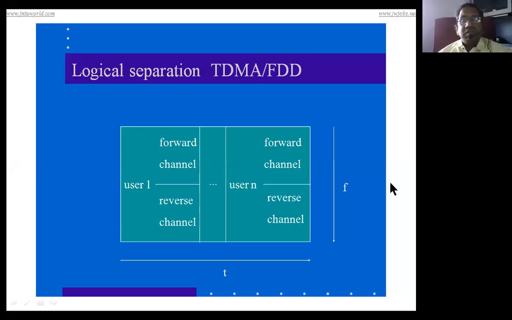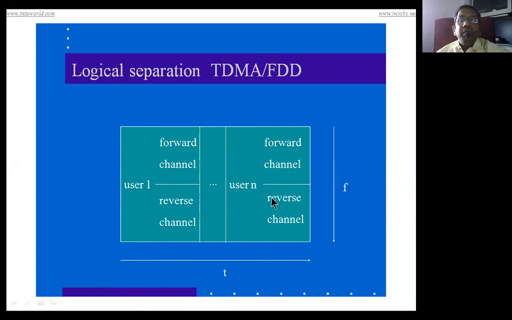Now, when you see this TDMA, FDD, you can observe that TDMA means time division multiple access. Many users are accommodated in a given time slot. And FDD means all these users are given the same frequency.